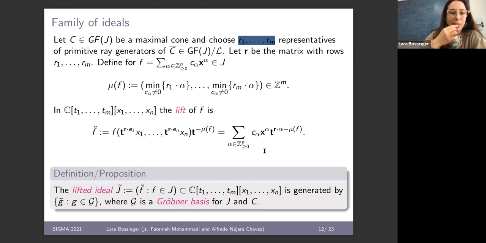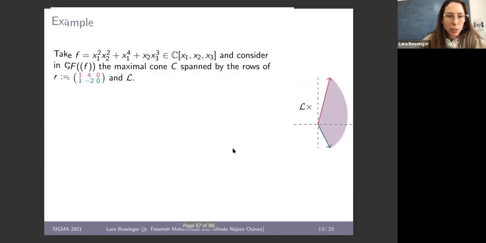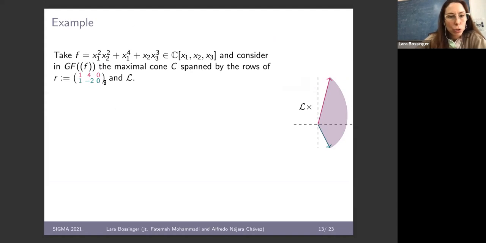Okay, thank you. Yeah, so maybe this is actually good to look at in the example. In this example, the Gröbner fan itself, its support is all of R3. But because of this linearity space, I can restrict my attention to this two-dimensional picture, where I realize the quotient as the intersection with the subspace where the third coordinate is equal to 0.